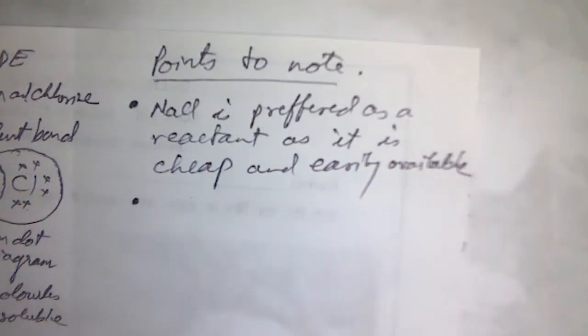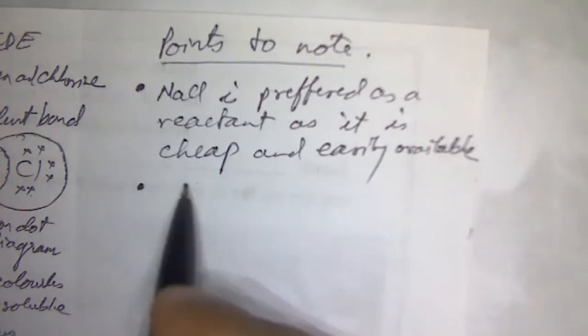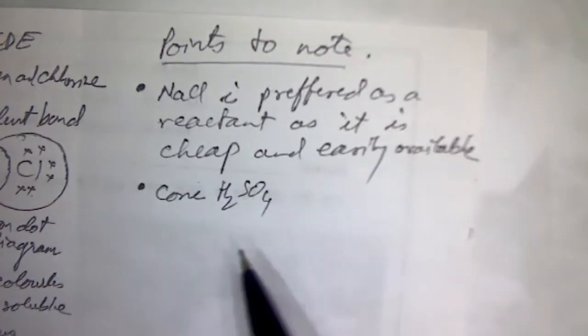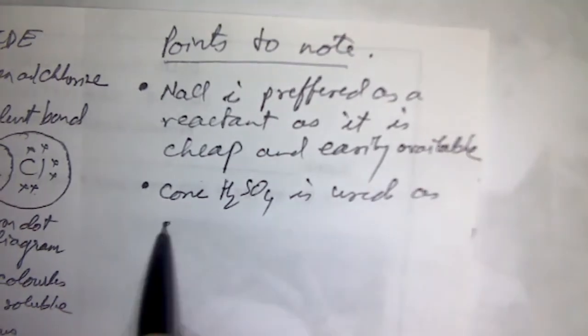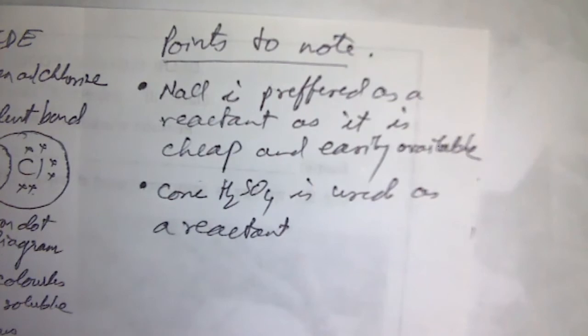The second thing, along with NaCl, we also use H2SO4. So instead of H2SO4, can we use other acids? Can we use nitric acid or any other acid? No, we always use concentrated sulfuric acid. So concentrated H2SO4 is used as a reactant, isn't it?